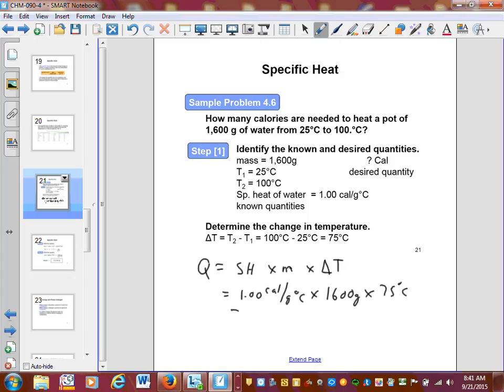So how much heat does that take? It takes 120,000 calories. Or 120 kilocalories, or 120 big calories.